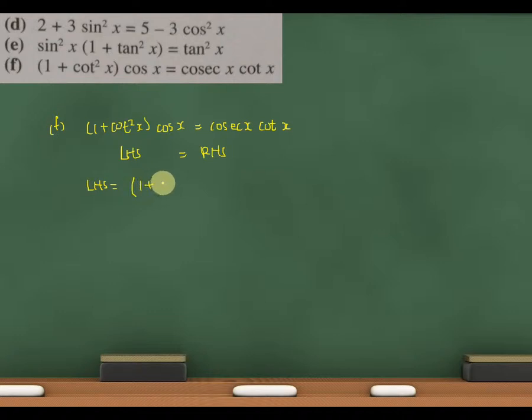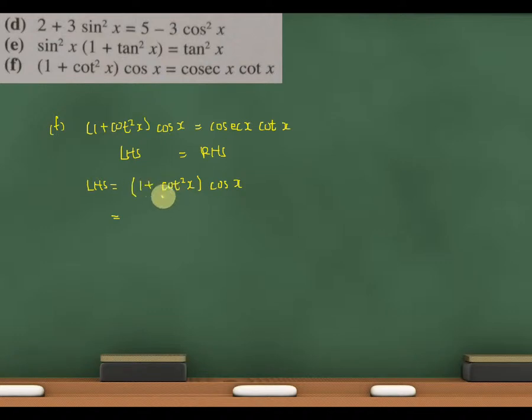Proving trigo identity is kind of tedious, but it's a no-brainer thing. So again, I see a linear term. Here I see no bracket, so the best thing is to simplify.